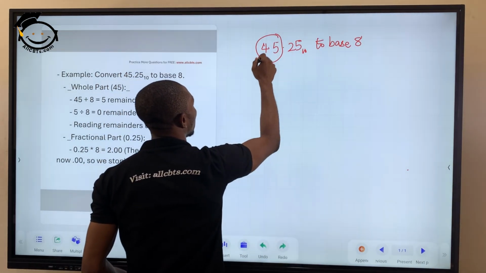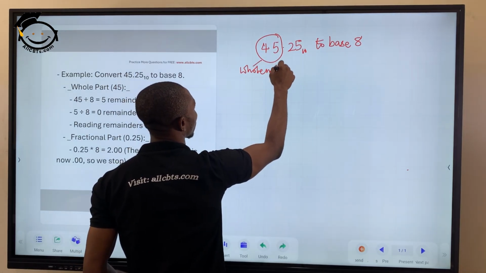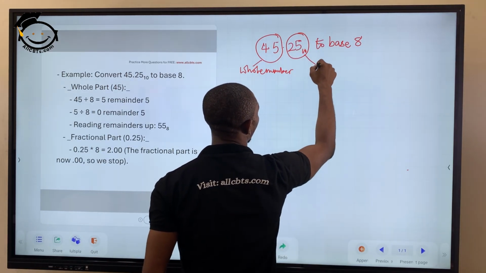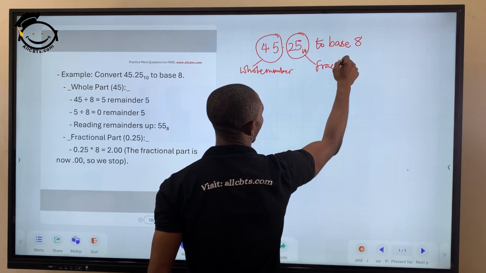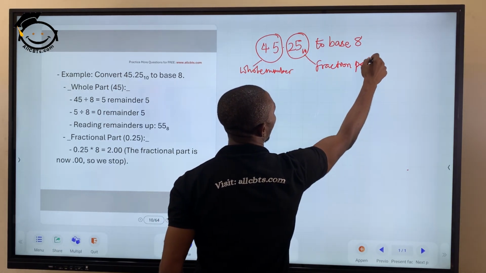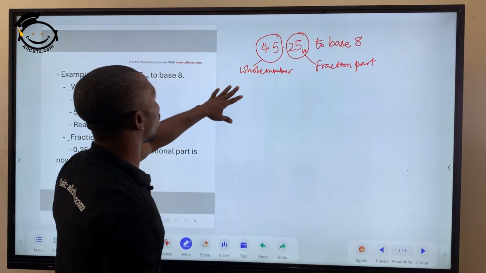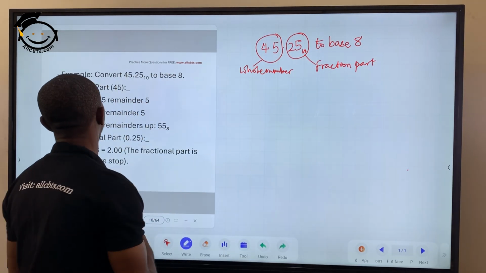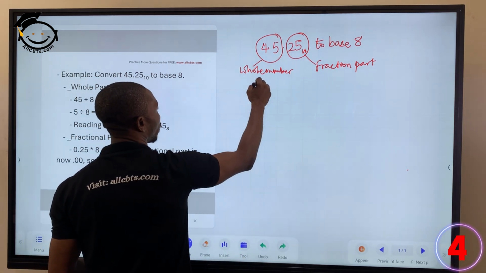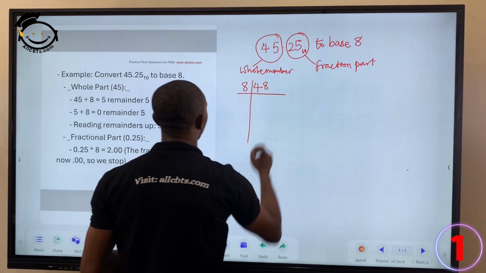This aspect is our whole number part, and this is the fractional part. For the whole number part, we are going to use our division method. So for 45 converting to base 8, we have this.